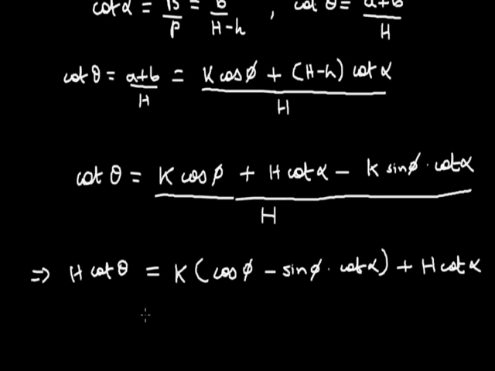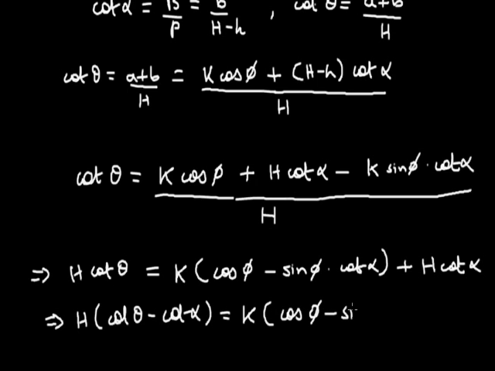Now we'll take this H cot alpha to the left hand side of the equation. H will be common, so we get H into cot theta minus cot alpha is equal to k bracket close cos phi minus sin phi into cot alpha.